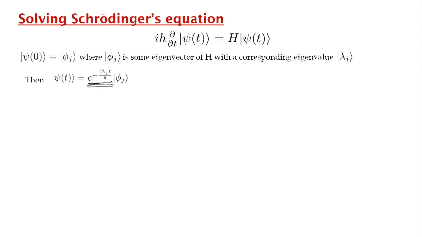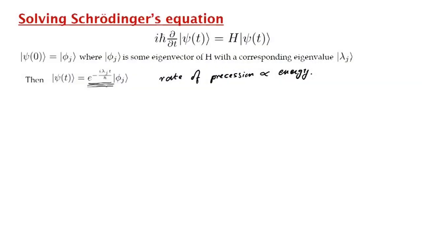And the rate at which the phase precesses is proportional to the eigenvalue, proportional to the energy. So if the energy is 0, the phase does not precess at all. If the energy is high, then this phase precesses very, very quickly.